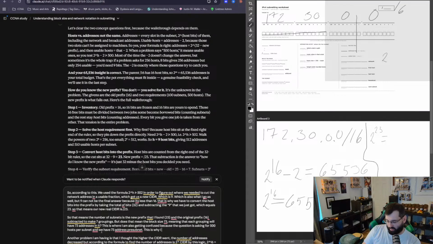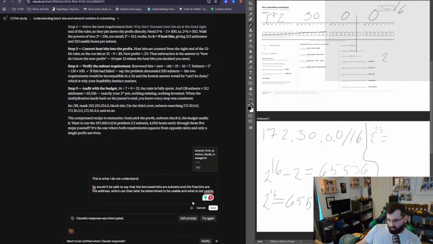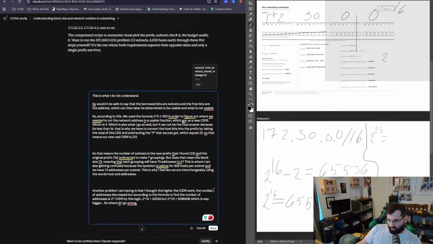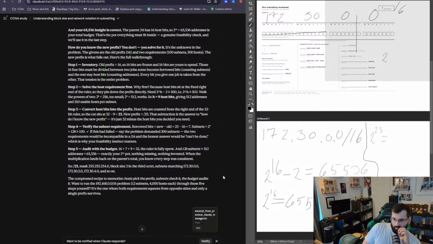This is why I feel like we are interchangeably using the words host and addresses. Good. Do that. Okay. So then audit with the budget.